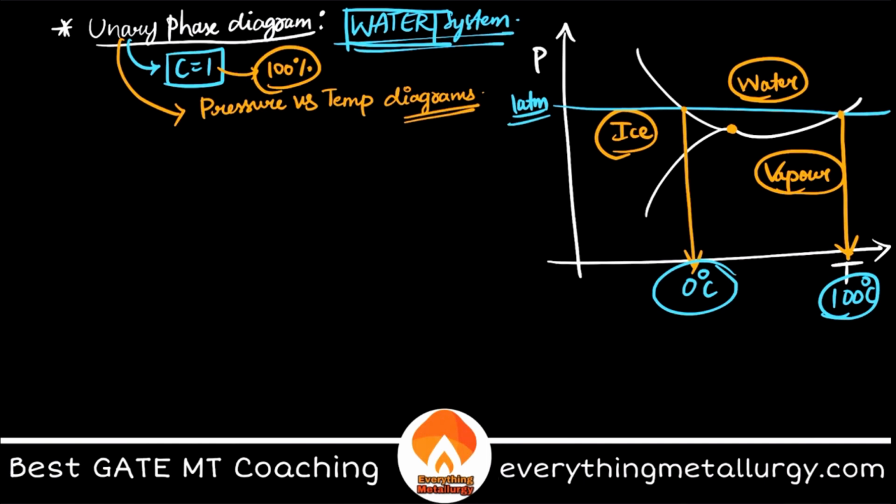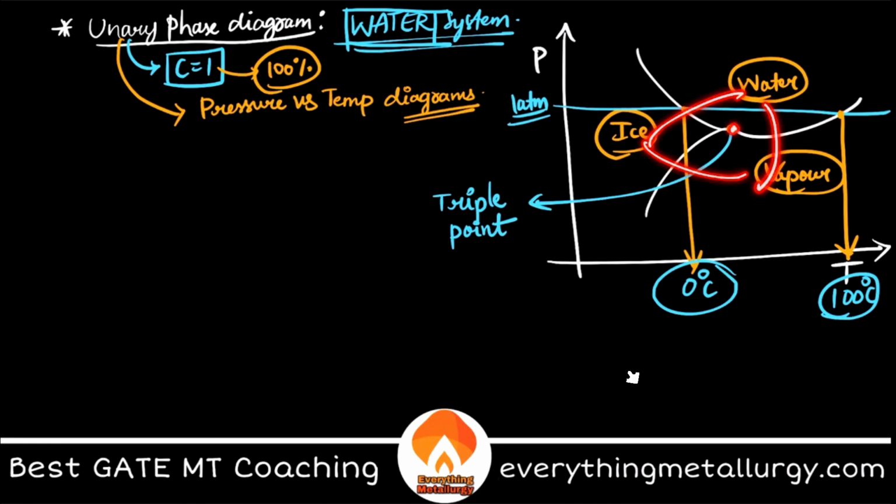Cool. So the next thing, of course, is looking at this particular important point, which is called my triple point. I'll just bring that out of the diagram. Triple point. That means you can see that all three phases will be coexisting at this particular point. So I can say that the degrees of freedom is equal to 0. How am I telling that?